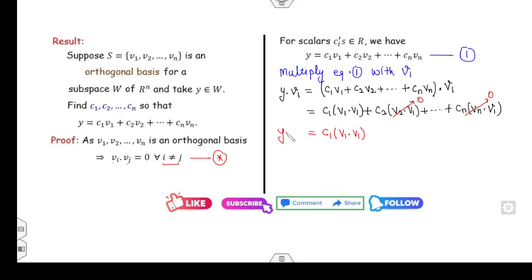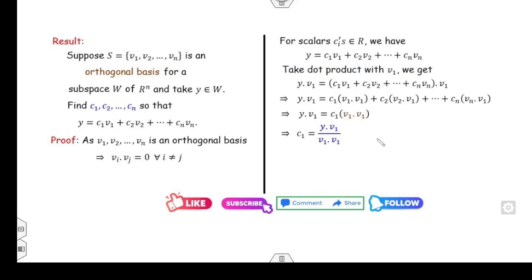So hence, can you find the value of c1? c1 will be y dot v1 divided by v1 dot v1. That's the value of c1. Similarly, if instead of v1 you multiply with v2, then I can find the value of c2 as y dot v2 divided by v2 dot v2.